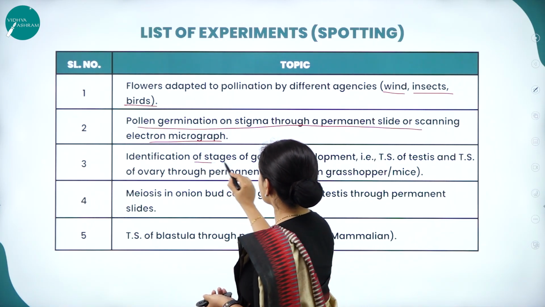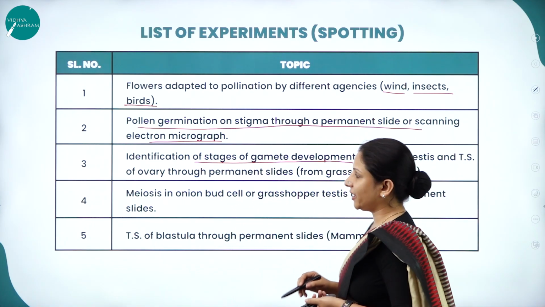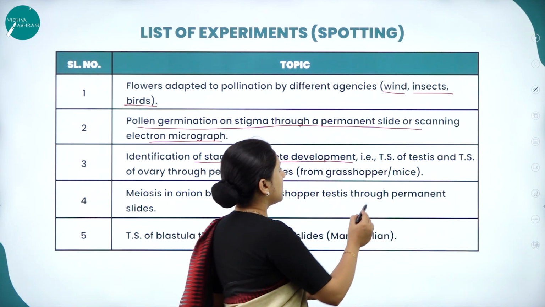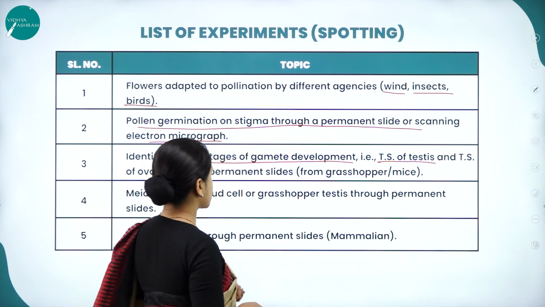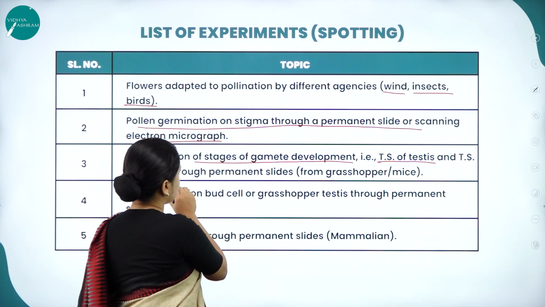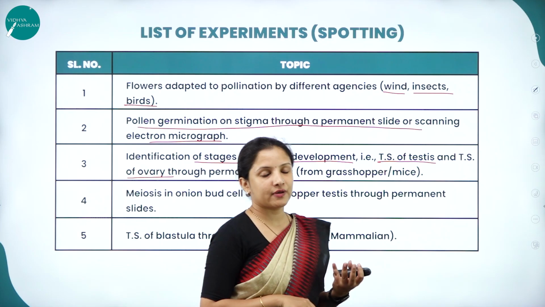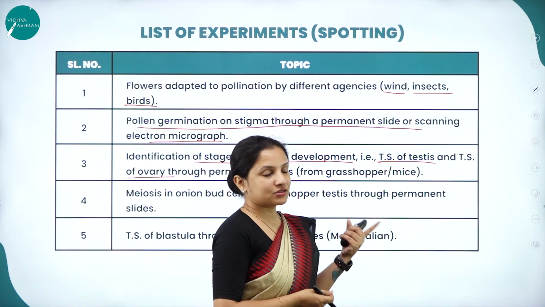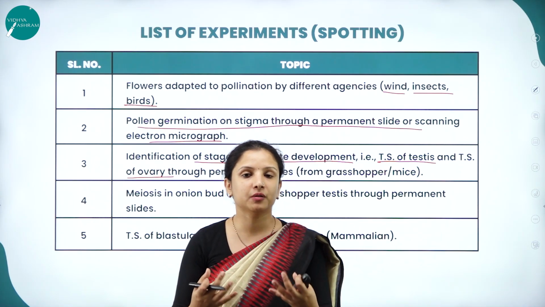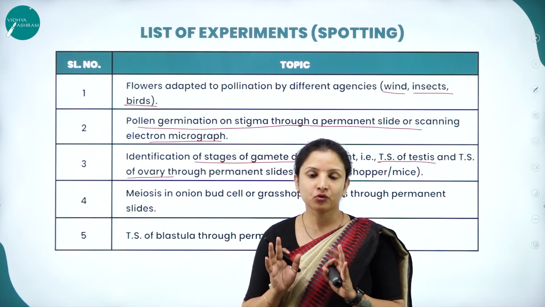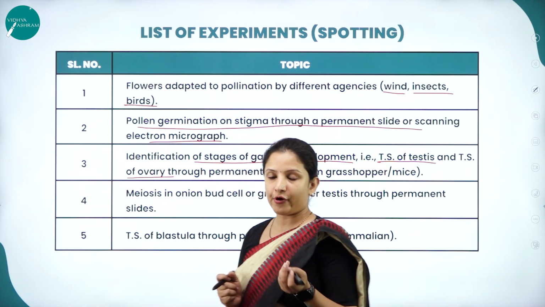Next is identification of stages of gamete development, and under that we have to identify the TS of the testis, that is the male reproductive structure, TS of the ovary, that is the female reproductive structure. So usually the slide, that is the testis or ovary of grasshopper or mice slides will be there in the laboratory, which will be kept, focused and kept. You need to identify what it is and write points on that.